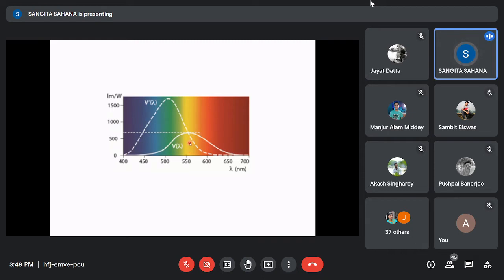That's because the peak of the cone cell is at 555 nanometer in the yellow region. So that's why we can perceive more yellow light as compared to the other colors. Whereas if you see the rod function or V dash lambda, you can see the peak is at 507 nanometer, which is in the bluish region. So that's why in dark, we can perceive more blue light than the other colors.